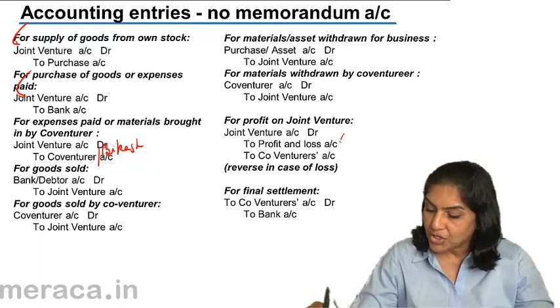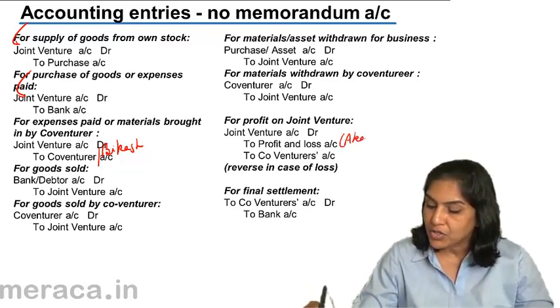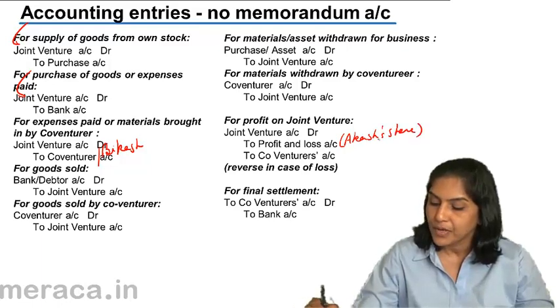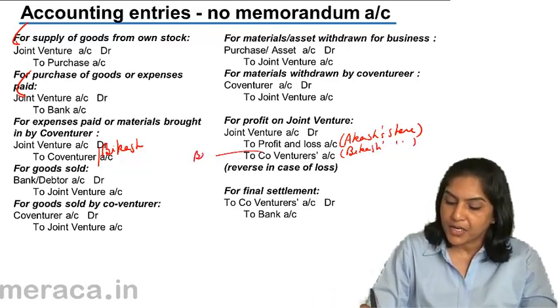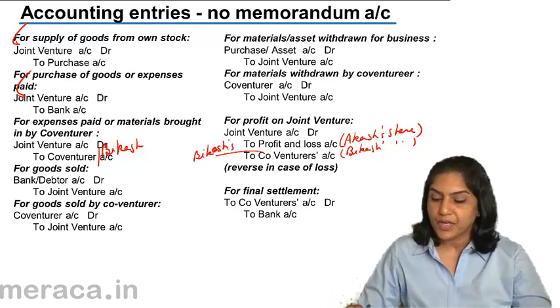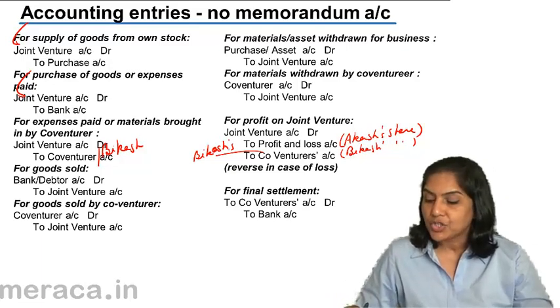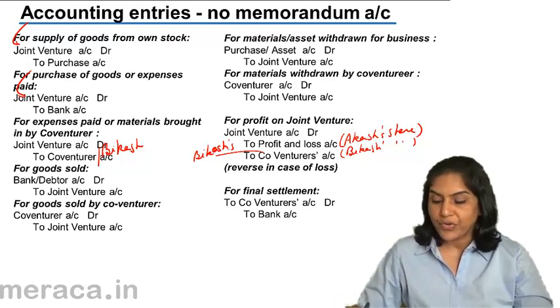So in Akash's books, profit and loss would mean Akash's share, and this would be Bikash's share, to co-venturer, that is Bikash's account. I am assuming Bikash is the co-venturer.